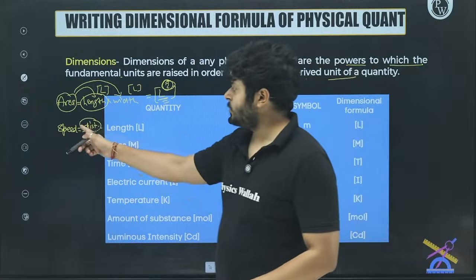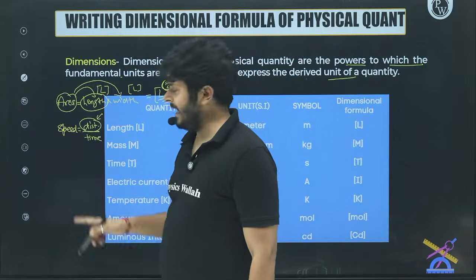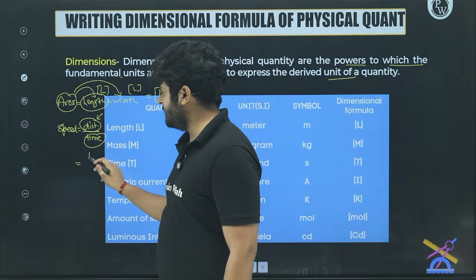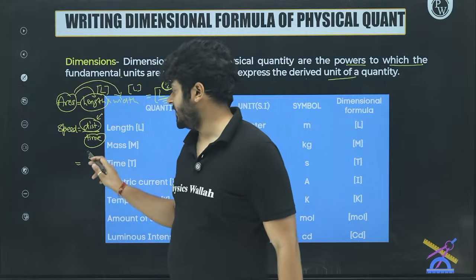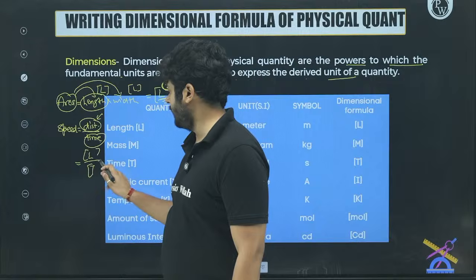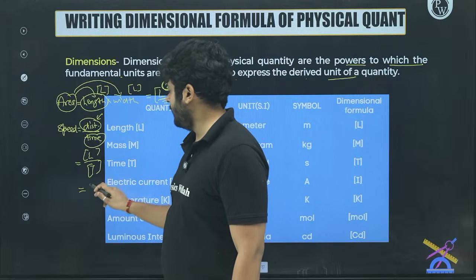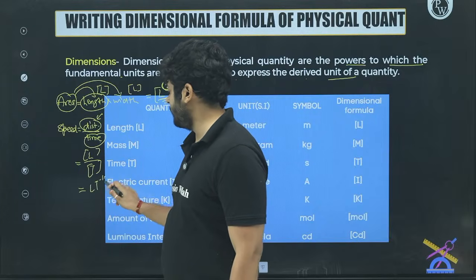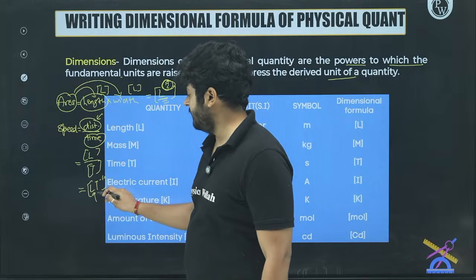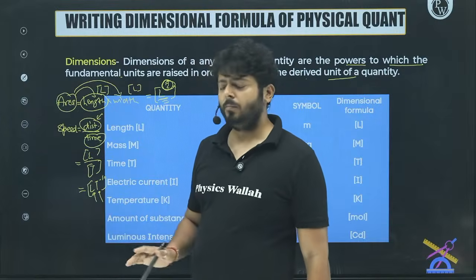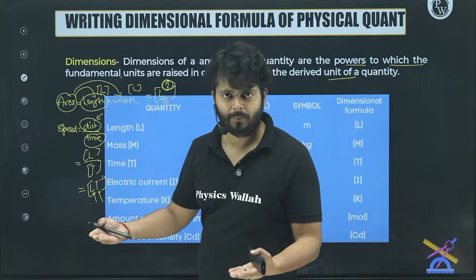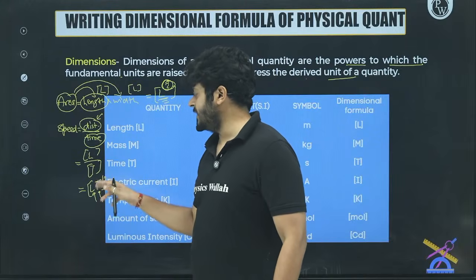Similarly, speed depends on distance and time. Right? You see that the distance has a dimensional formula length, right? And time is a fundamental quantity.